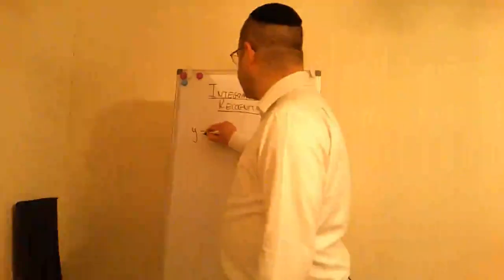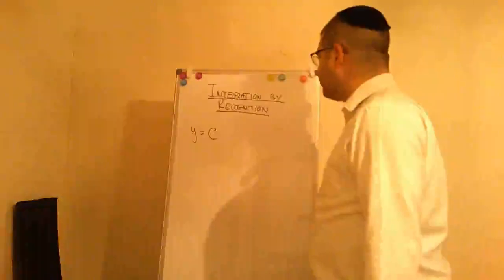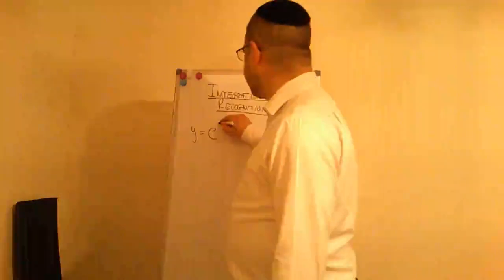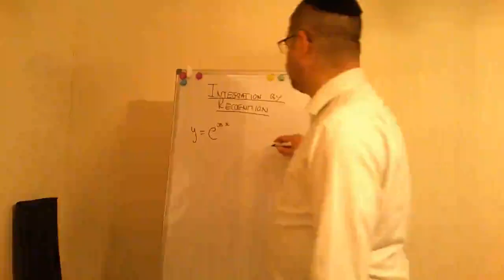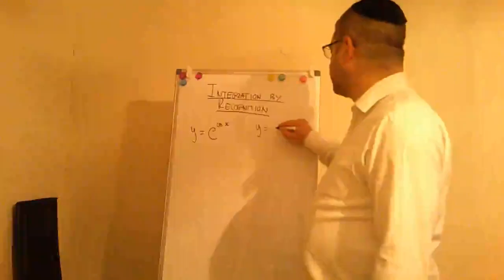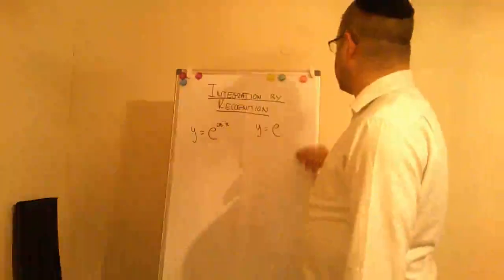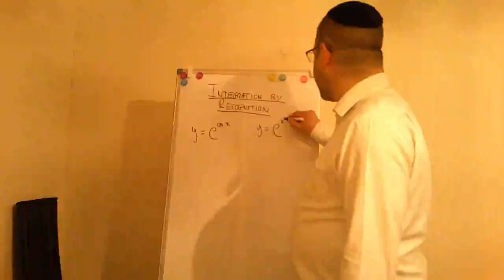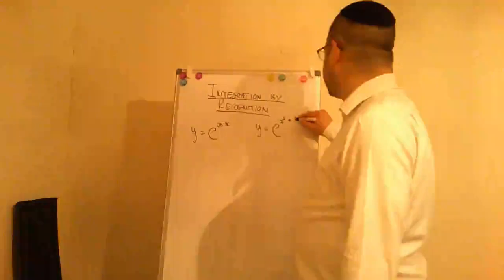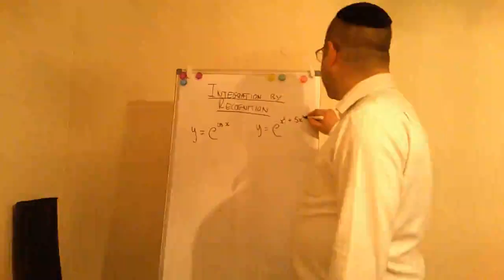So I would like you to differentiate e to the cos x, and I would like you to differentiate e to the x squared plus 5x cubed.